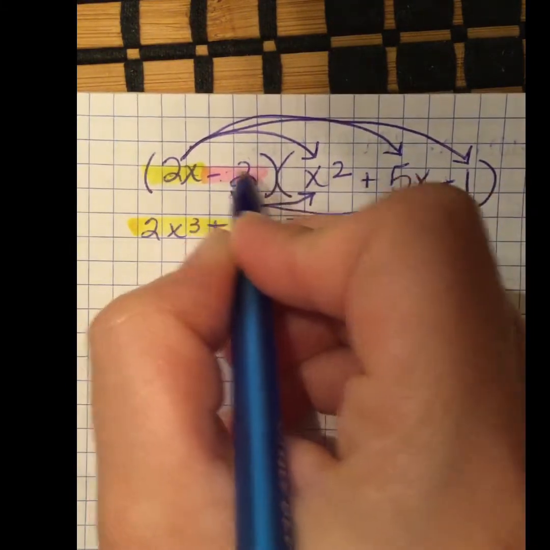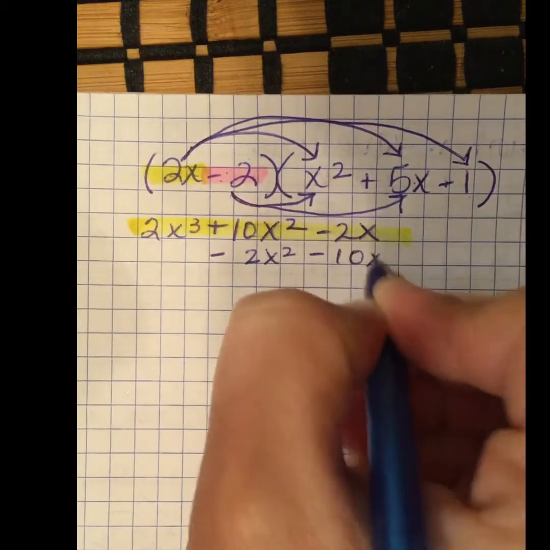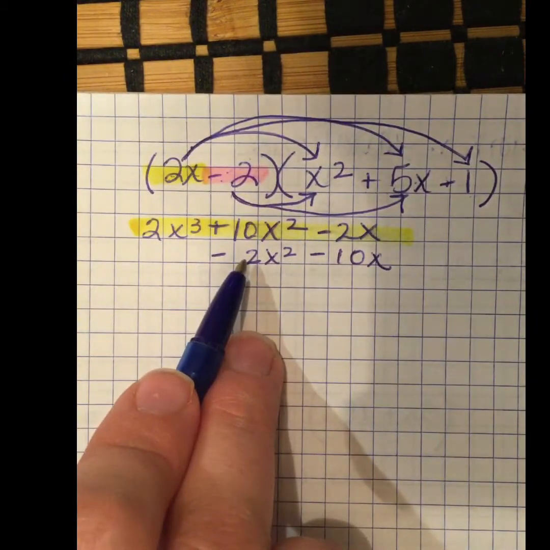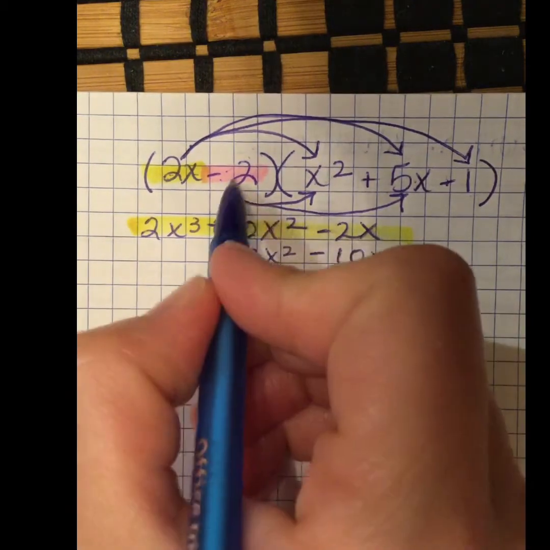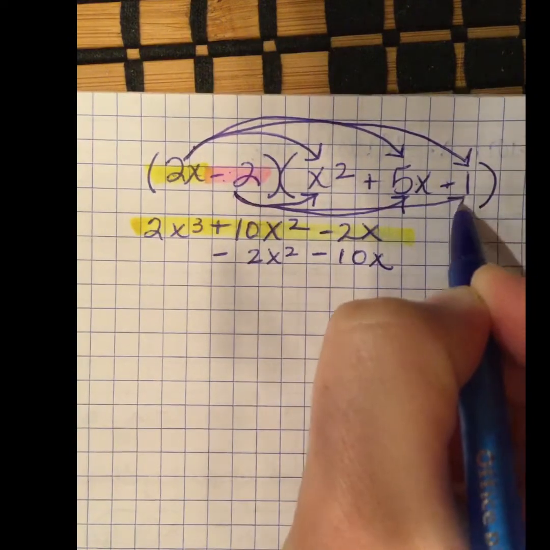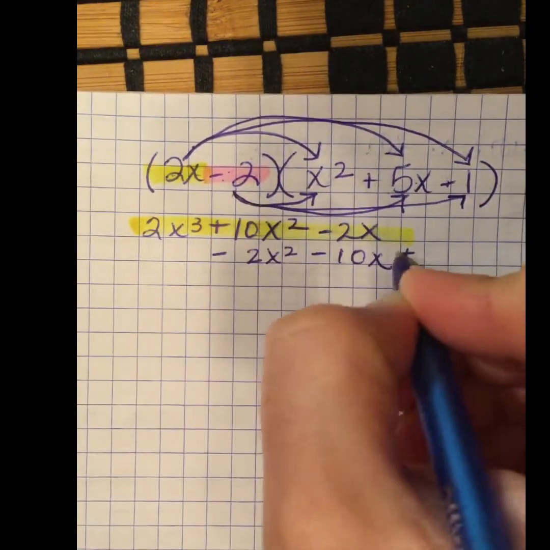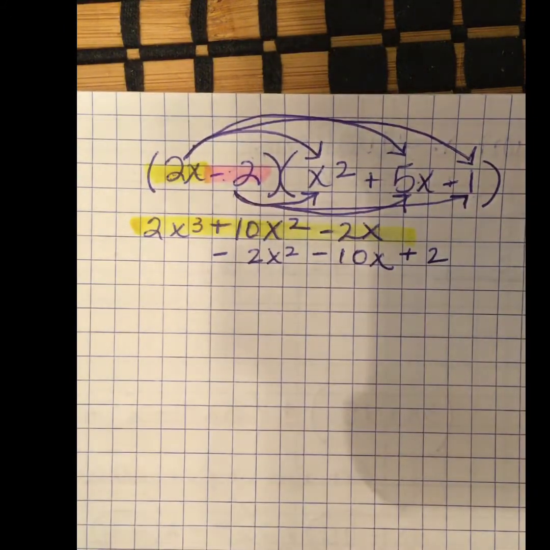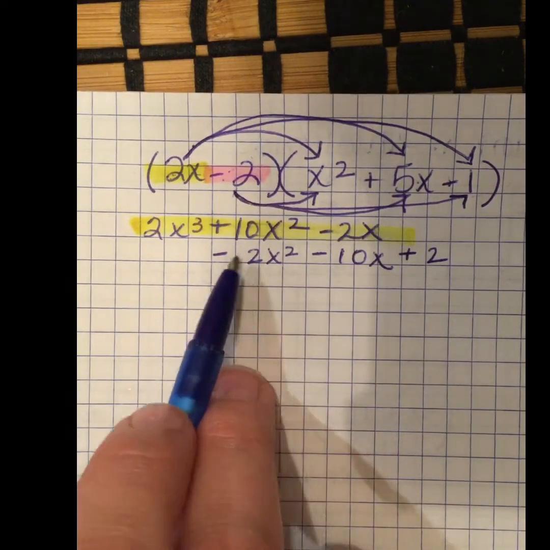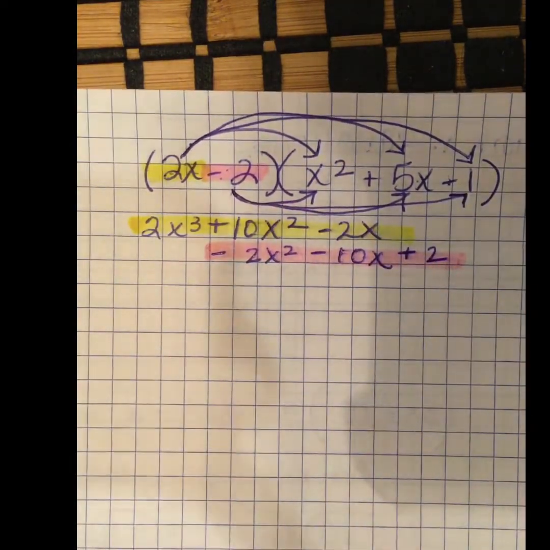Well, that's negative 10x. So I'm just starting a second line, and I'm just offsetting it. And then I'm going to multiply the negative 2 times the negative 1 and get positive 2. All right, so this second line is all from my pink.